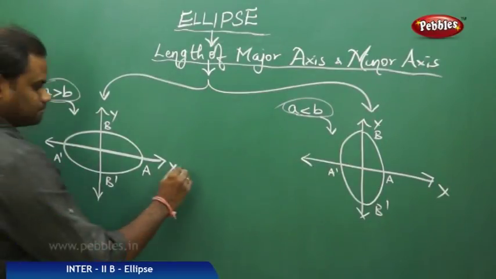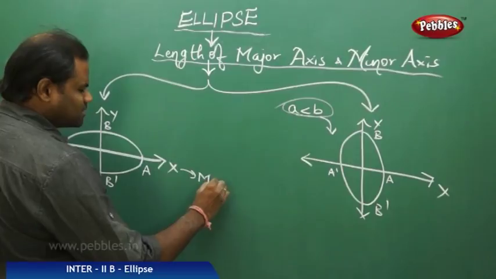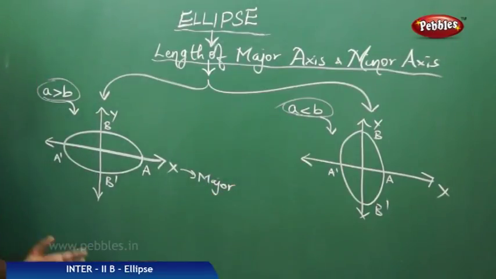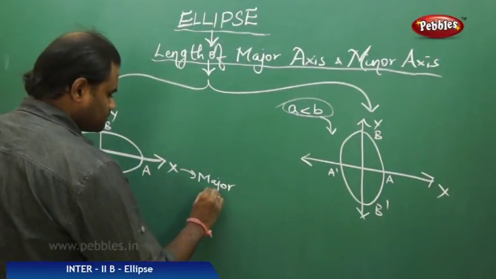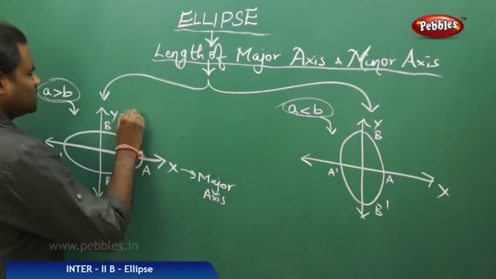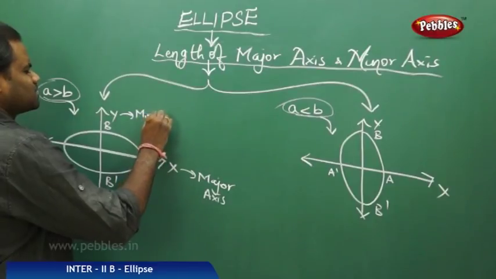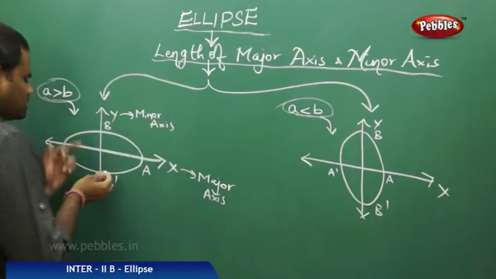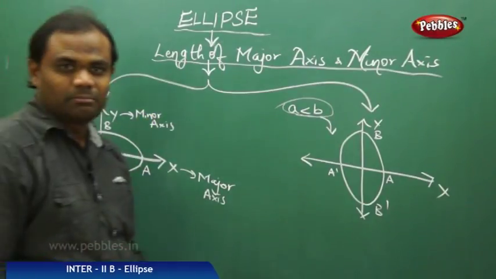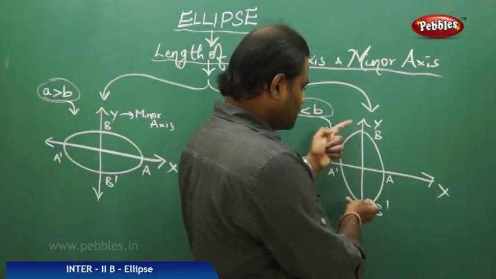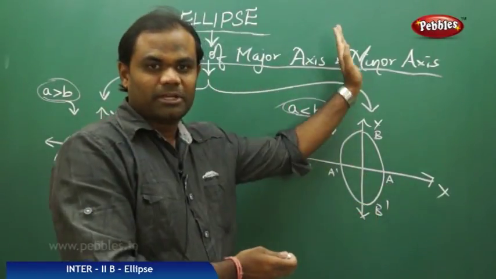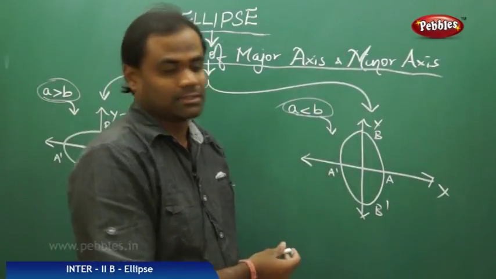Now here the major axis is the x-axis, as we all know, because it makes the major segment of the ellipse, and here this is the minor axis, since this makes the minor segment of the ellipse. But as you see in this case, this makes the major segment, so the major axis is along the y-axis.